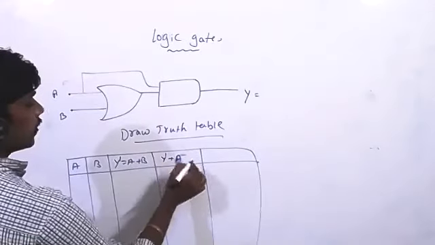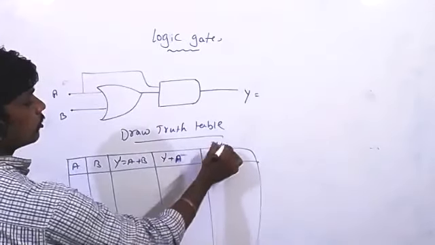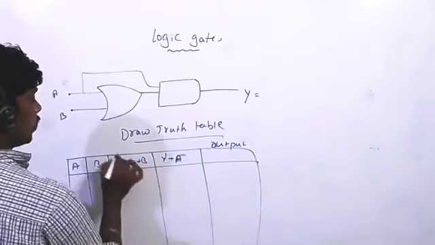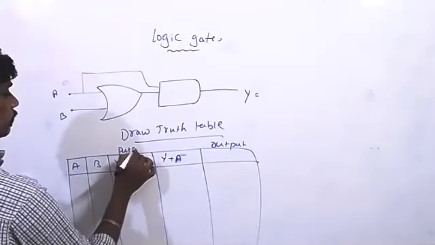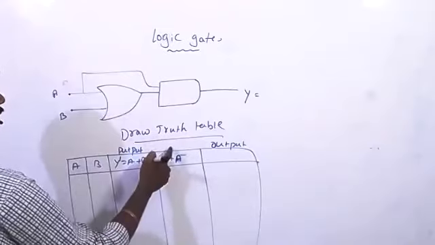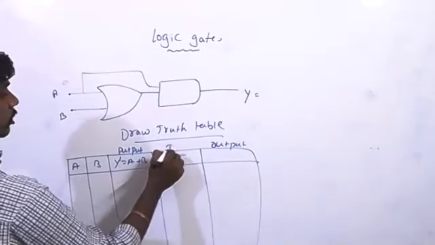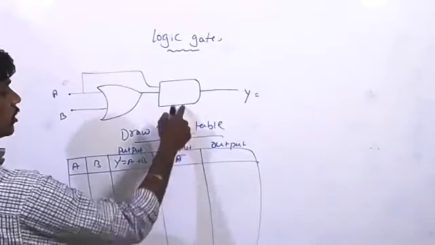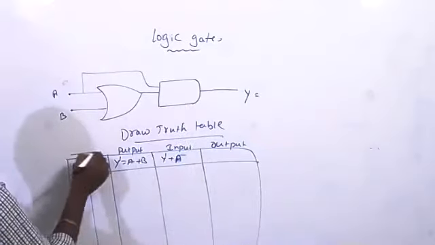So Y dash plus A that we are giving, then output. It is the output for this circuit. It is the input for this circuit.